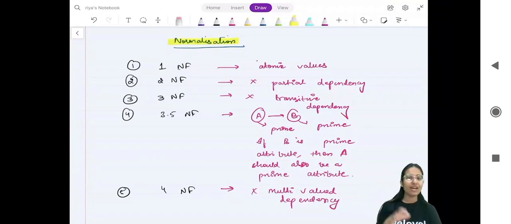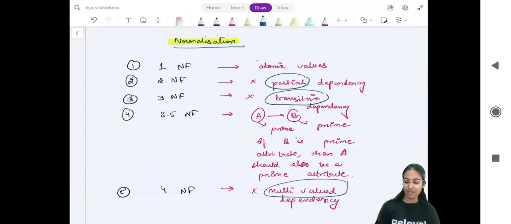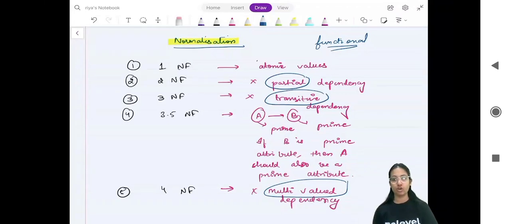So with this, we are concluding the topic of normalization. It's a vast topic. It requires a good knowledge of all the topics that we have done. Usually students get confused a lot between partial, transitive, multi-valued, functional, right? There are a lot of terms, so it's quite easy to get confused since they all sound a little bit similar. So make sure you practice, because the more you practice, the more comfortable you become with these topics.